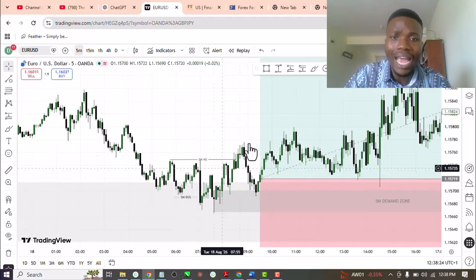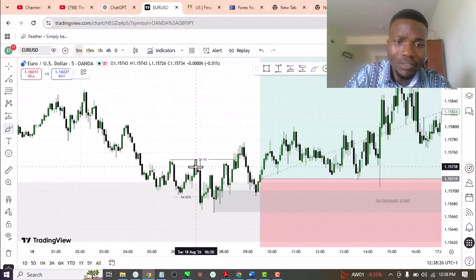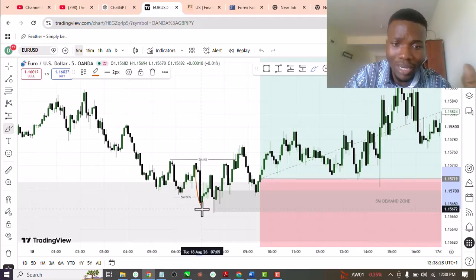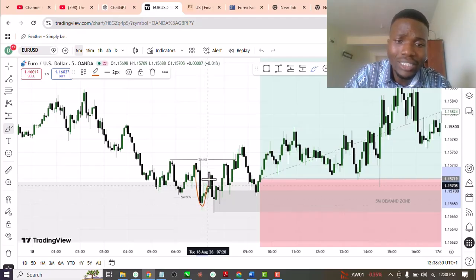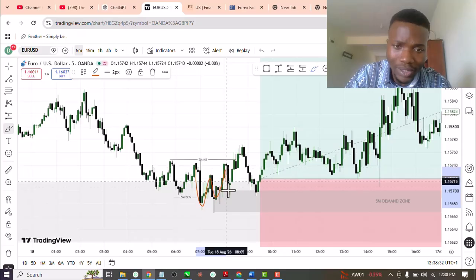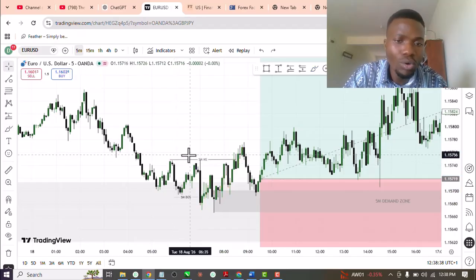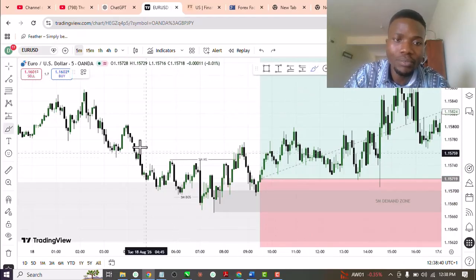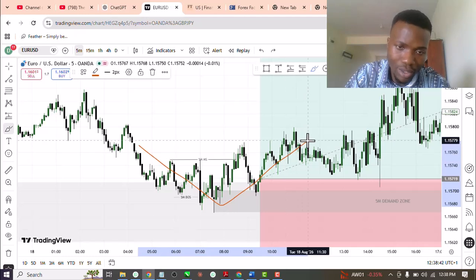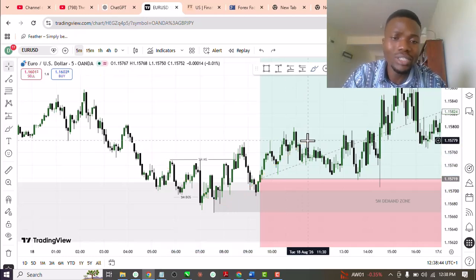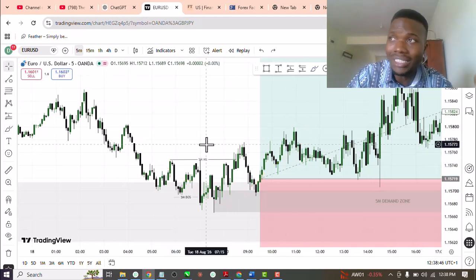After price made the 5 minutes break of structure, I observe that price was moving to the upside and eventually broke this lower high. And that is when I knew that, oh, price has already shifted from selling to buying. Okay, that is how I know. That is just liquidity and supply and demand trading strategy.